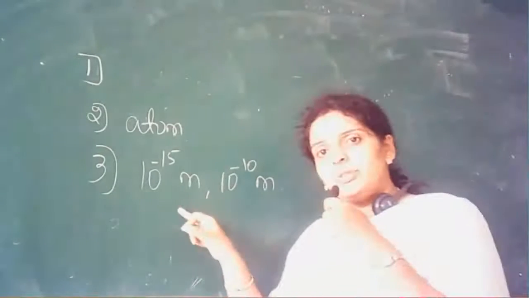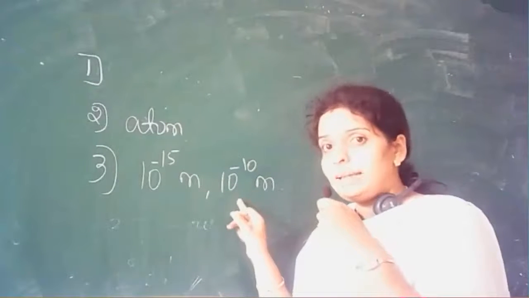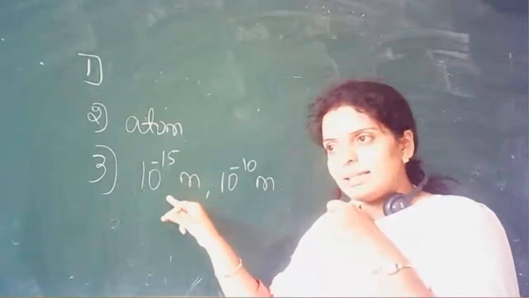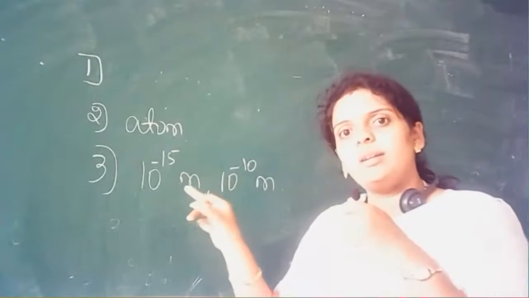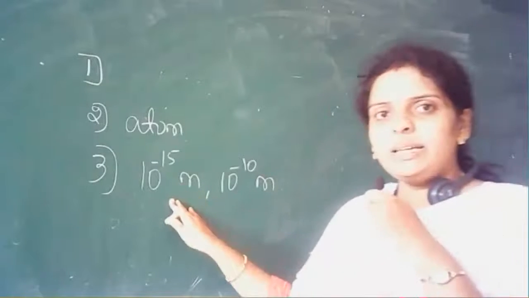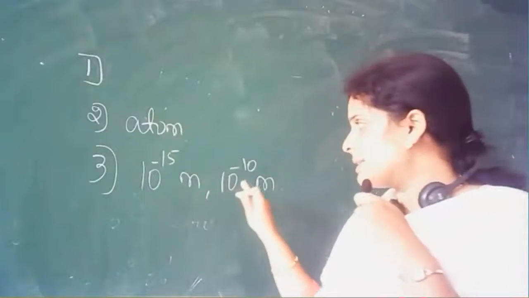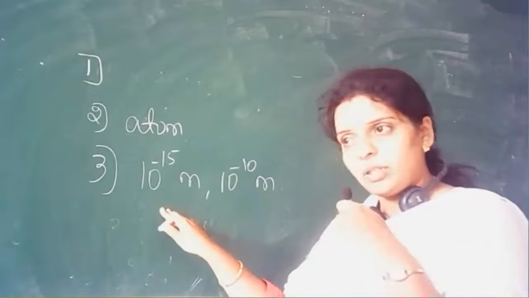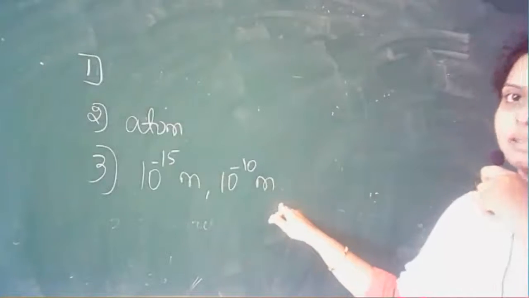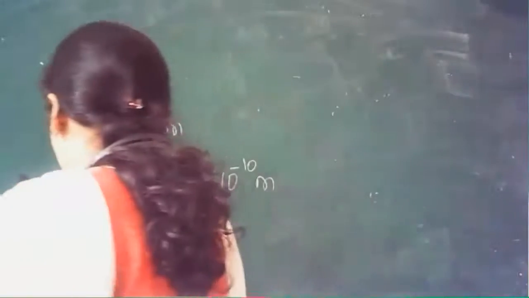So this is the size of the nucleus and this is the size of the atom. Within the atom you have the nucleus, a very small massive body. This is his third assumption.